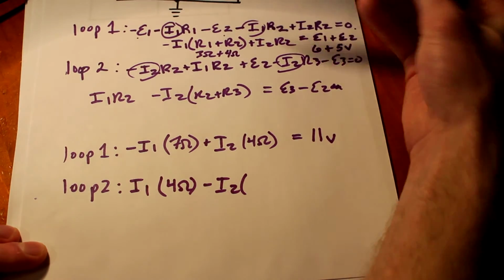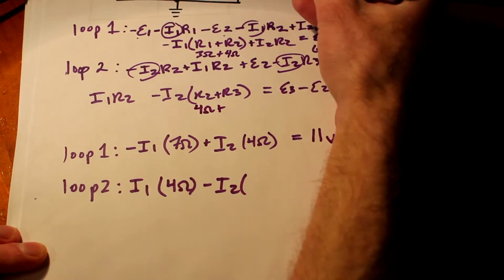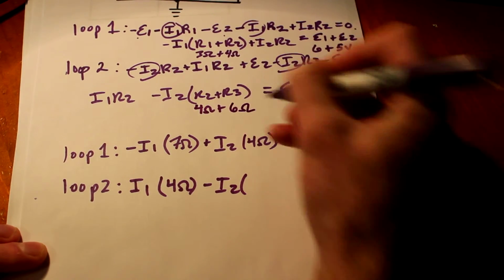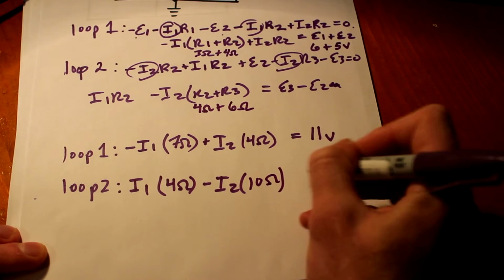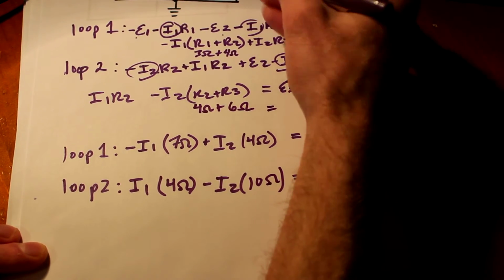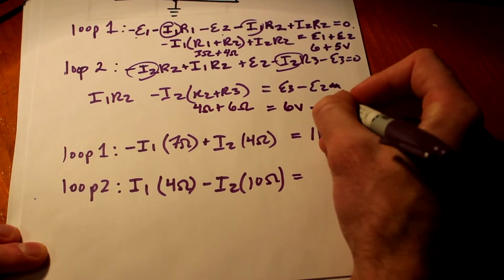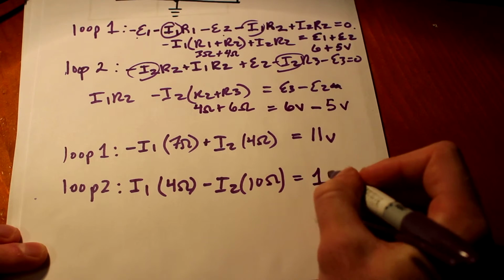So R2 gives us 4 ohms, plus R3 is 6 ohms, okay? So 10 ohms equals, and then what do we have for E3? E3 is 6 volts minus E2, which is 5 volts. So that'll give us 1 volt.